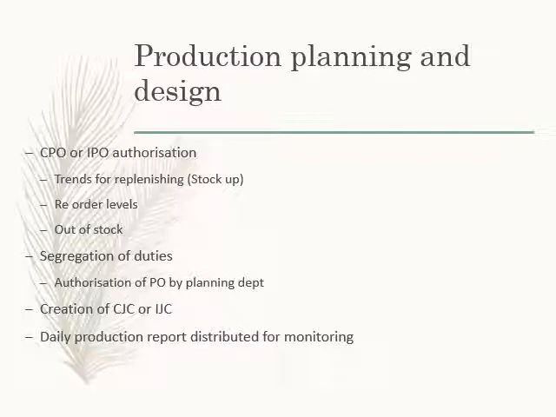So once the production manager or the factory manager has accepted the CPO or the IPO, a customer job card, a CJC, or an inventory job card, an IJC, is then generated by the production department, and it captures all the costs involved in the production of the items. Now, costs involved would be the cost of raw materials, labor hours or machine hours.